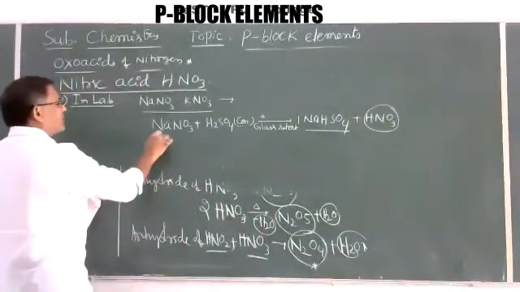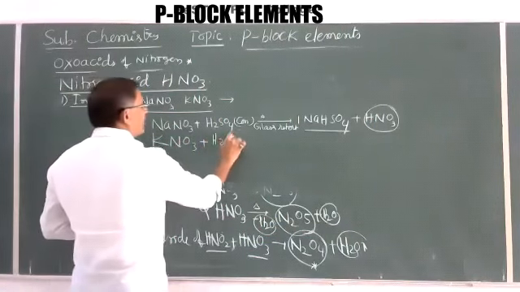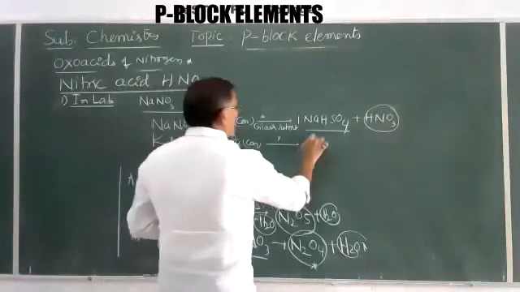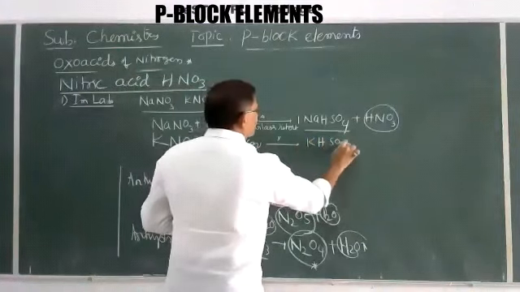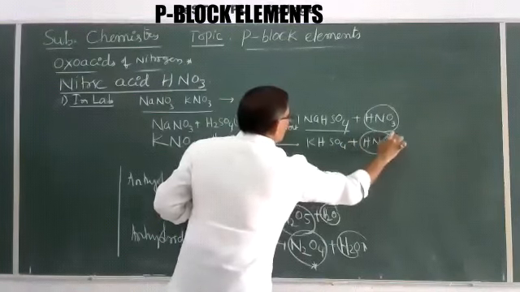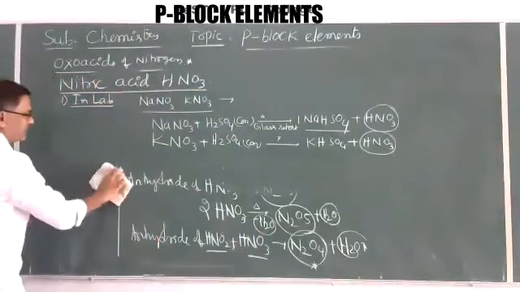Or if you take potassium, KNO3 with concentrated H2SO4 in a glass retort on heating, we will get potassium bisulfate plus HNO3. So this is the simple laboratory method for the preparation of nitric acid.